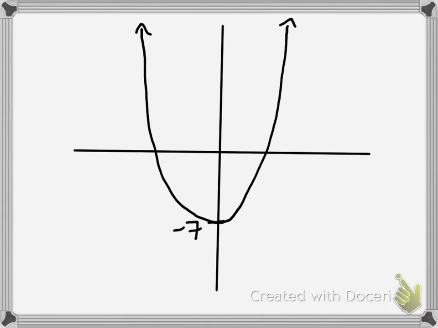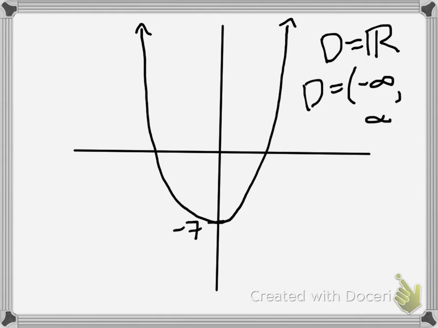I have a lot of notations for that. I could say that my domain is fancy R, which means all real numbers. Or I could say that my domain is the interval from negative infinity to infinity. That's perfectly allowed.